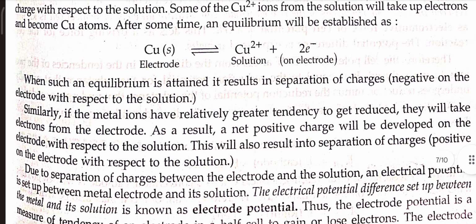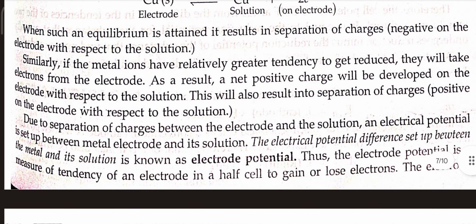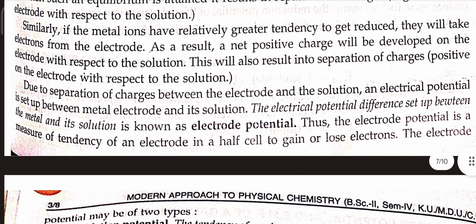When such an equilibrium is attained, it results in separation of charges, negative on the electrode with respect to the solution. Similarly, if the metal ions have relatively greater tendency to get reduced, they will take electrons from the electrode. As a result, a net positive charge will be developed on the electrode with respect to the solution.